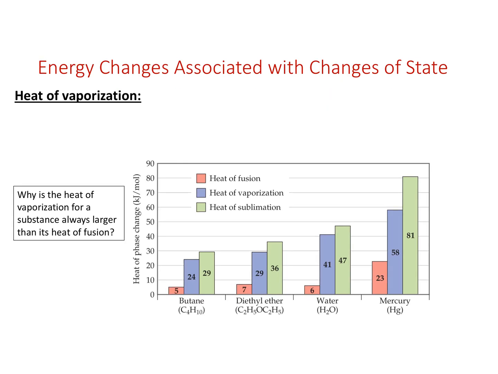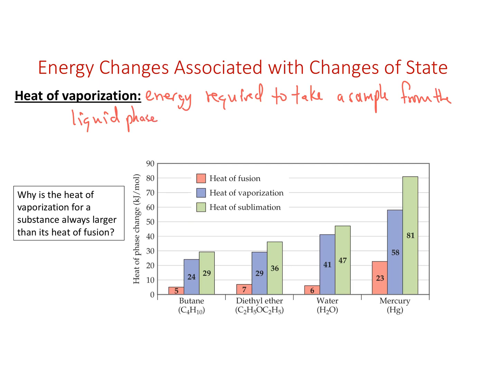The next is the heat of vaporization. The heat of vaporization is the next transition, so the energy required to take a sample from the liquid phase into the gas phase.